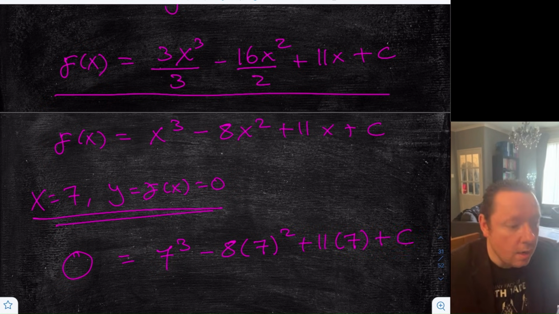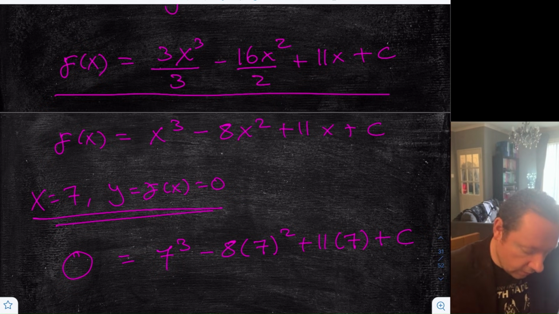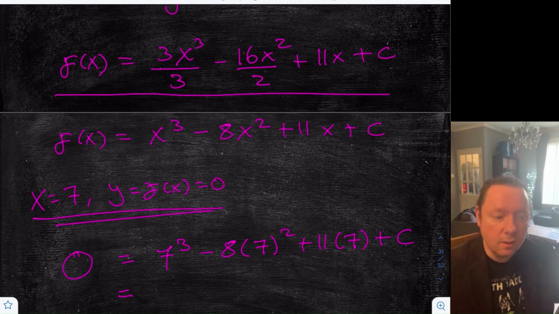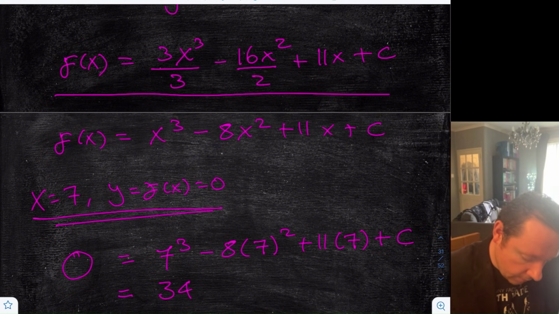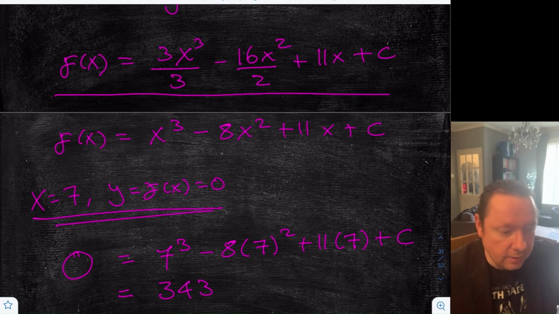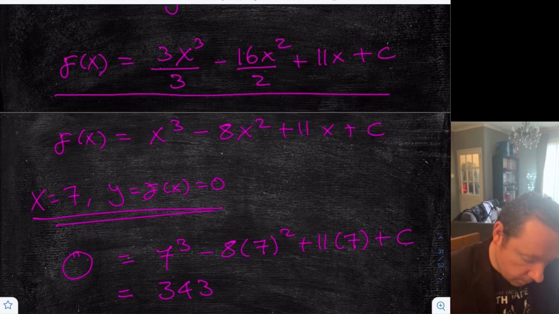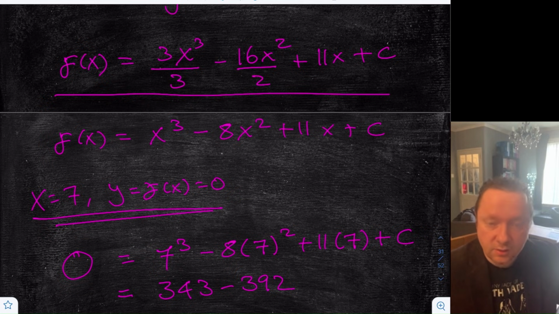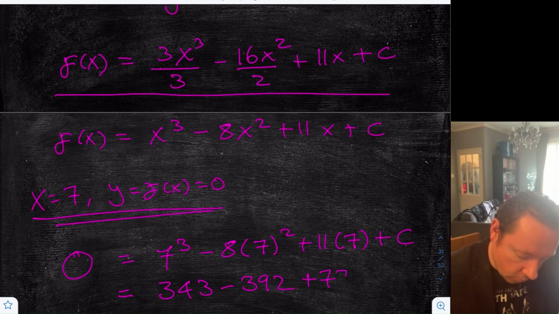This was a calculator paper, so you could do all the sums in a calculator, but 7 cubed is 343. 7 squared is 49 times 8 is 392. 11 sevens is 77. And then we've got plus c, and 0 equals this.